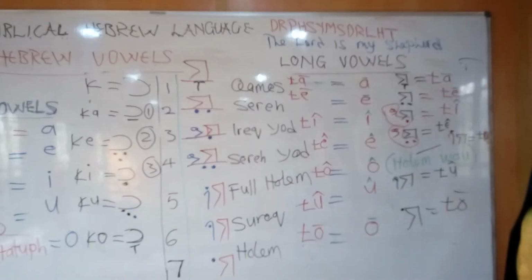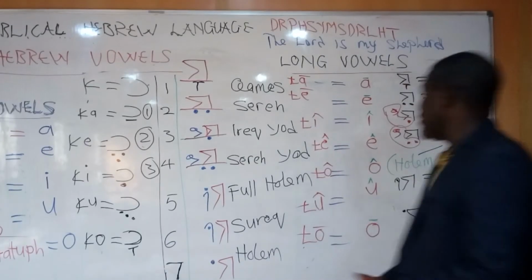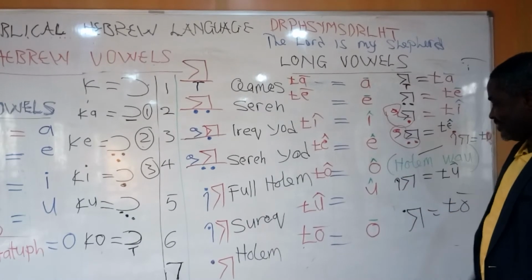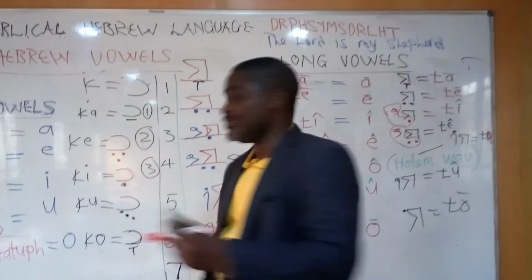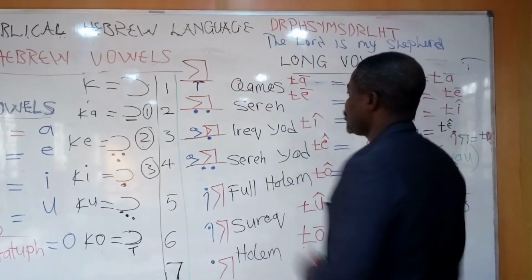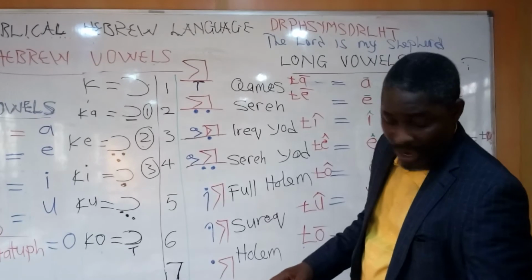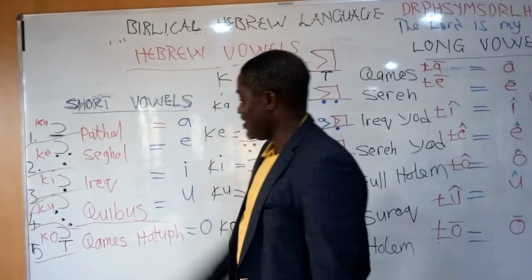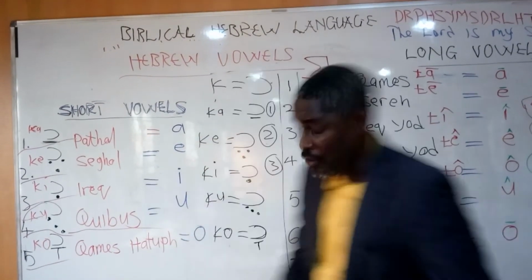So the question is, why is it that among the long vowels you have more than one E and more than one O? As we continue to learn, you will get to understand why this is so. But first of all, you need to learn what the vowels of Hebrew are. So we have under short vowels: pata, segol, ires, kibus, and kames hatuf.